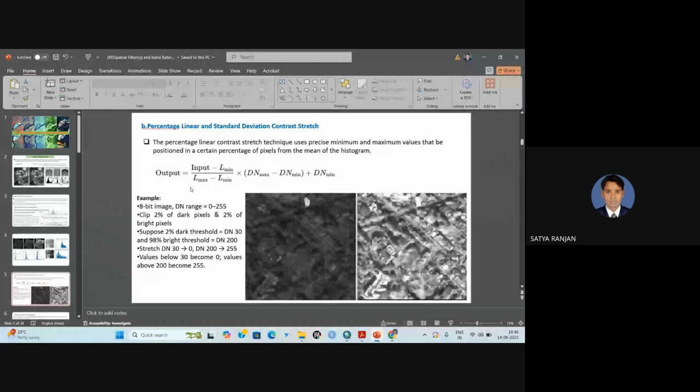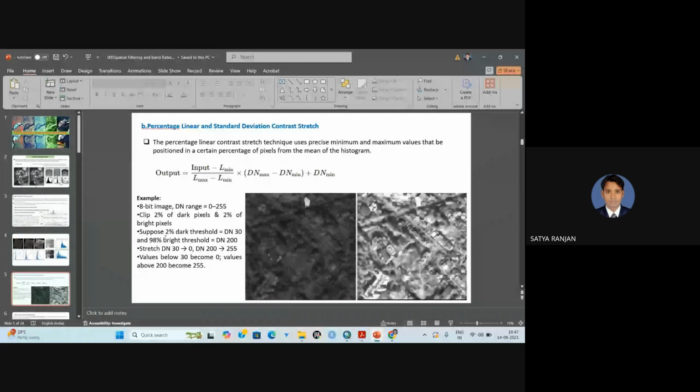So this is the formula: input minus L minimum, divided by L maximum minus L minimum, into DN, that is digital number, maximum digital number value minus minimum digital number, plus digital number minimum.